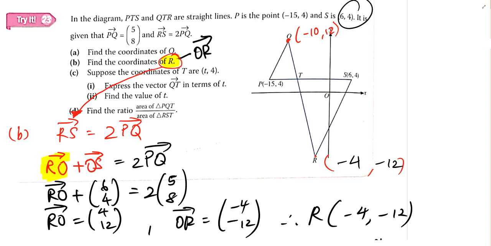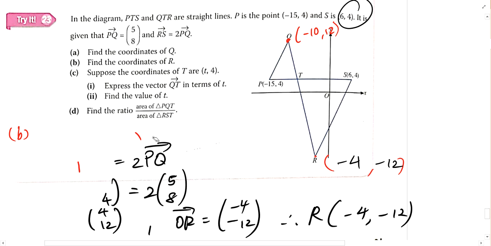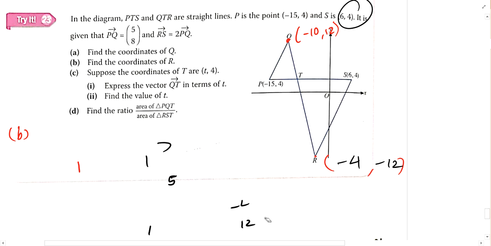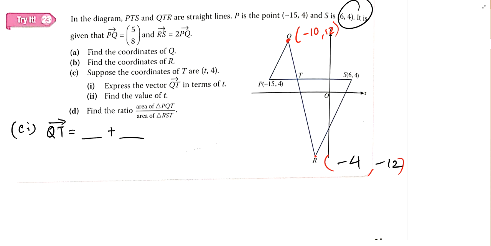Part C, part 1, QT in terms of t. QT equals QP plus PT. I saw most of you do this.